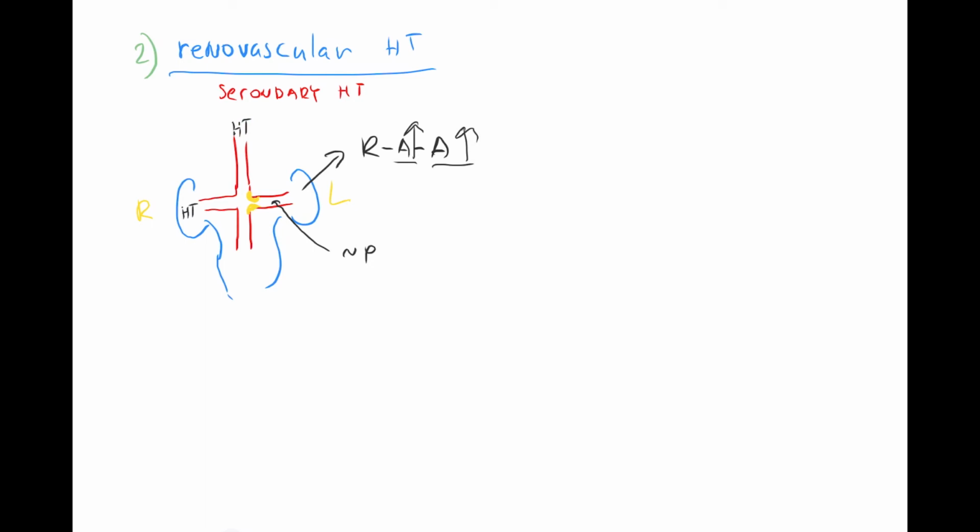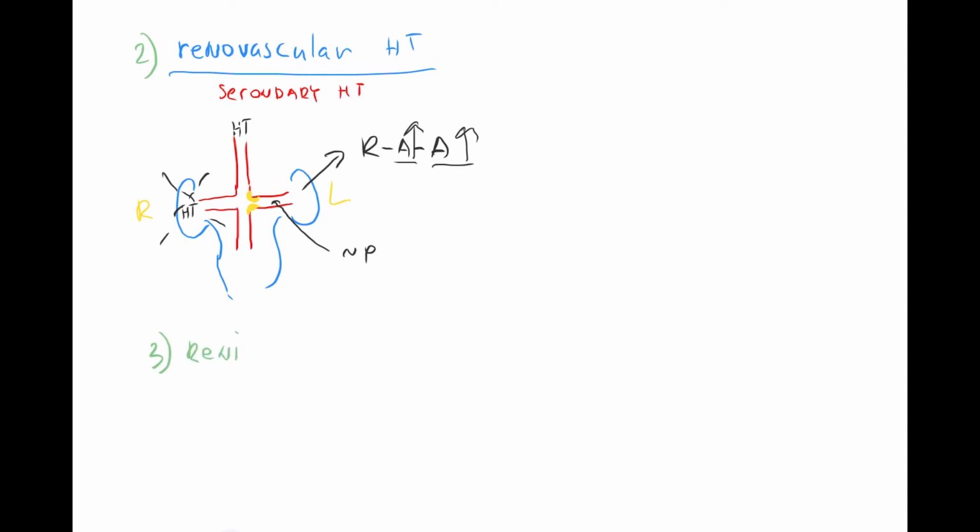The other kidney you will kill, because the left kidney boosts up the pressure because it wants to have a nice perfusion, and this kills the other kidney because the other kidney is having hypertension. And also the brain and everything else. So everything is having hypertension, and the heart now has to pump higher. So this is another example of renovascular secondary hypertension, and also secondary hyperaldosteronism. So renovascular hypertension. Well, and then you have another example, and it's reninoma.